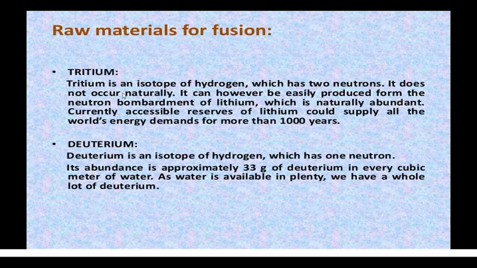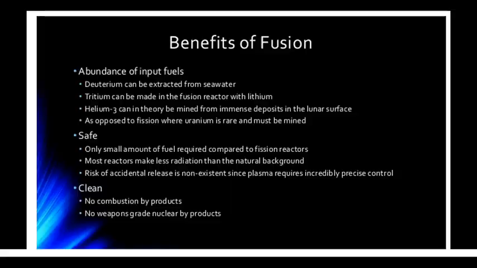So it can be produced from the neutron bombardment of lithium, which is naturally abundant. So on bombarding lithium with a neutron, we can achieve tritium. So deuterium and tritium are the raw materials used for the nuclear fusion process.